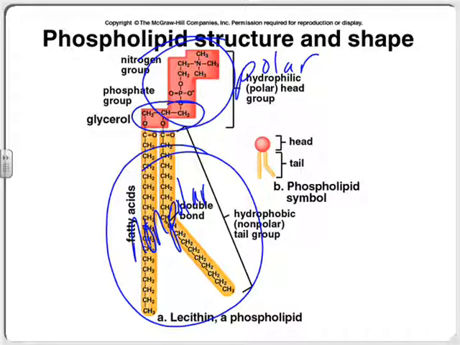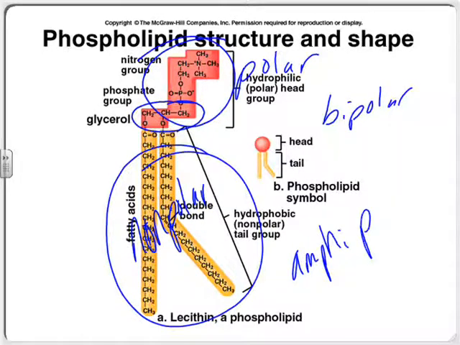Regardless, this molecule, since it has one side that's charged and one side that's not, sometimes it's called bipolar. We're not talking about the crazy kind of bipolar, right? But there's a more scientific word for this. Oftentimes we'll use this word, amphipathic, to describe this molecule. What's amphi mean?